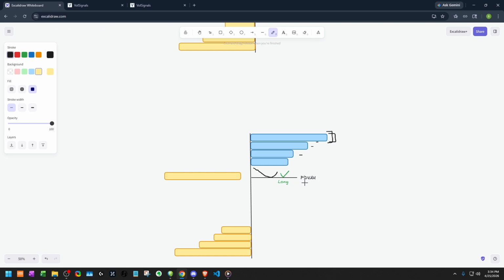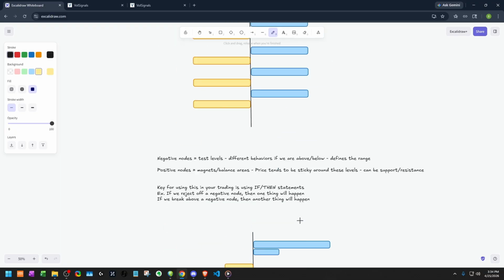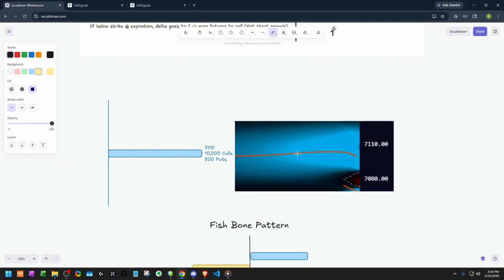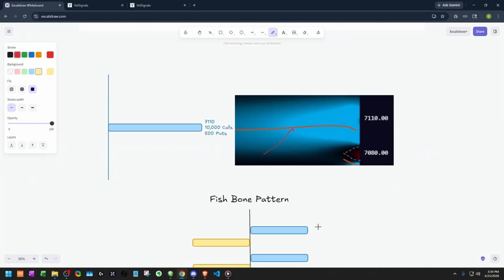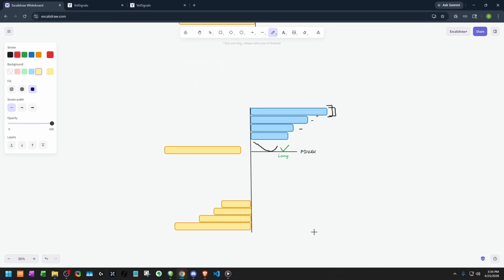And why I would target it and get all out if we do get up there is because of this behavior I explained before. It's going to be hard to get through it, and it's not worth holding on in case we don't, because we could very well fail at that level and then move all the way back down because there's less and less gamma supporting us on the way down.